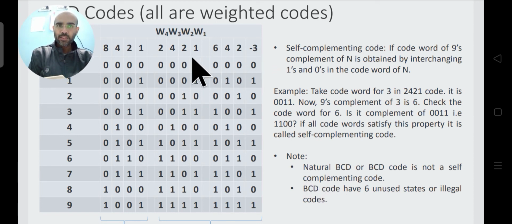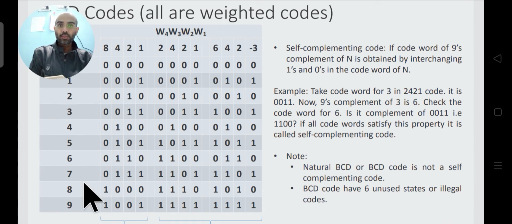We don't use the 6421, 642-3 code and 2421 code very frequently, so we will not talk much about these codes, but 8421 is a very popular code, and we use this code for all calculations everywhere. But while using this code, we must be very careful and revise once again that there are 6 unused states or illegal codes, from 10 to 15.